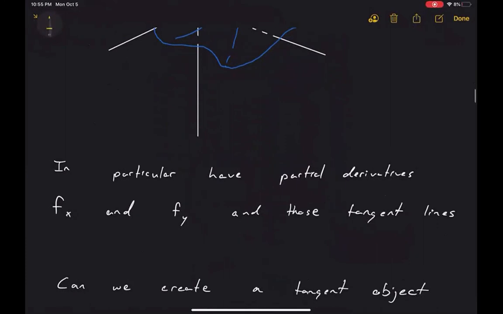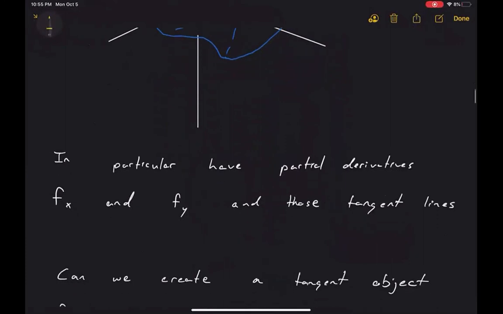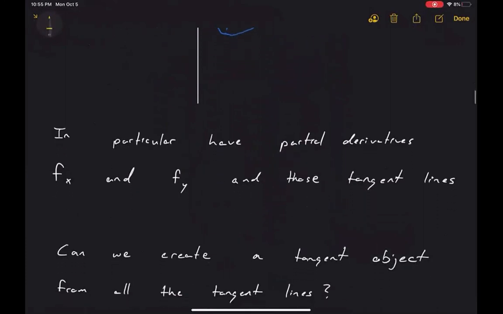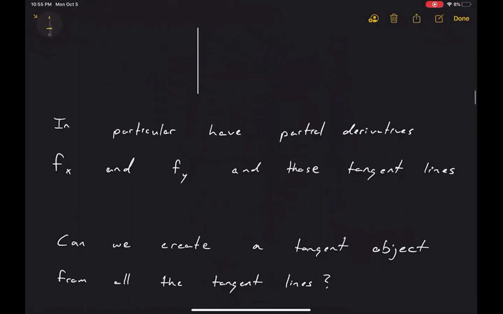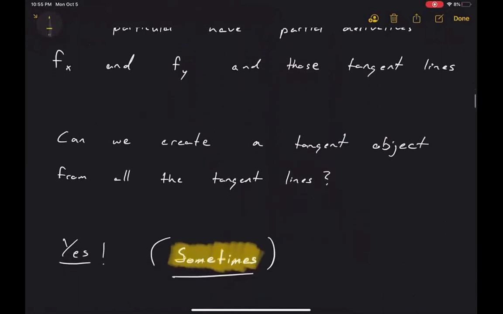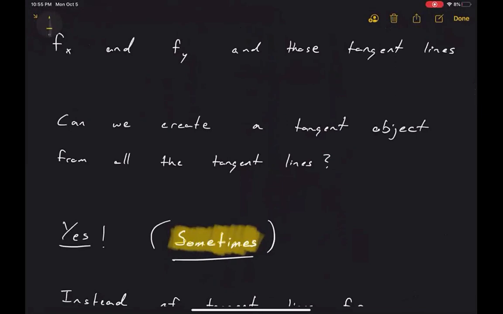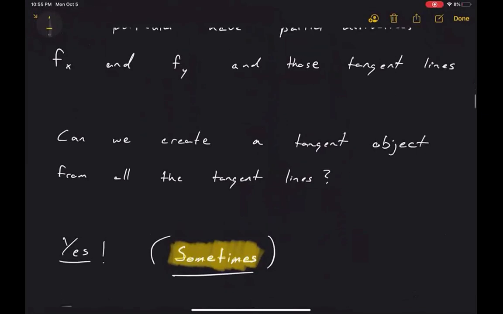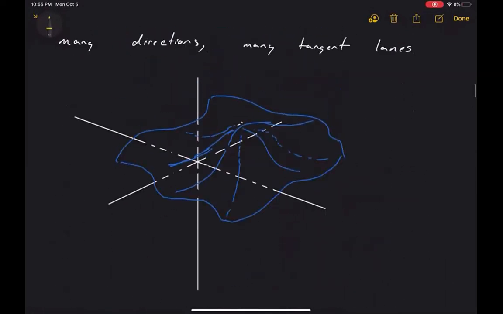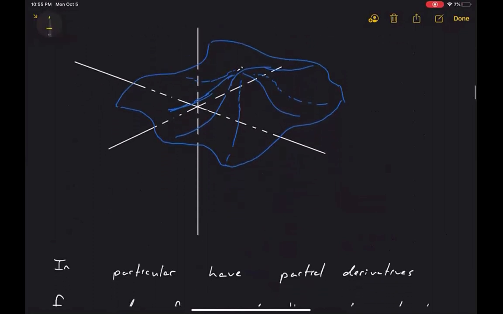Reiterating some of what I was just discussing, we have these partial derivatives in the direction of x and y, et cetera. Maybe there's not one tangent line that's going to be a good approximation for our function. That doesn't really make sense. How can I approximate this object? This is kind of like a mountain. How can I approximate a mountain with a single line?